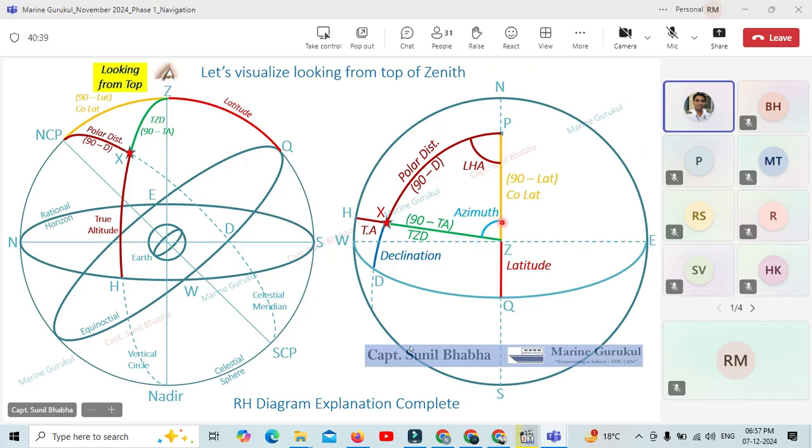So we use our knowledge of spherical trigonometry, we use the cosine formula or the Napier rule, whichever is applicable, and using the available parts, applying these two formulas, we find the unknown parts, the parts which are required by us in the question. So this is the concept of solving the rational horizon based questions.